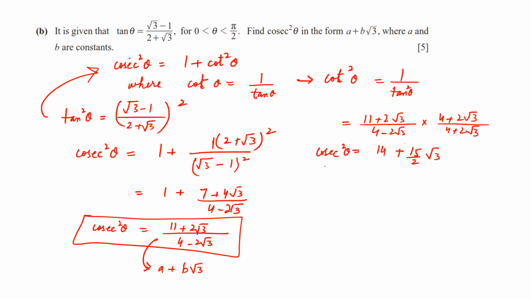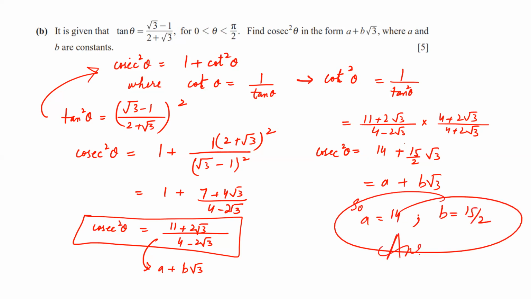And this value is equal to a plus b under root 3. So a is equal to 14 and b is equal to 15 by 2. Okay, and this is our answer for this question.